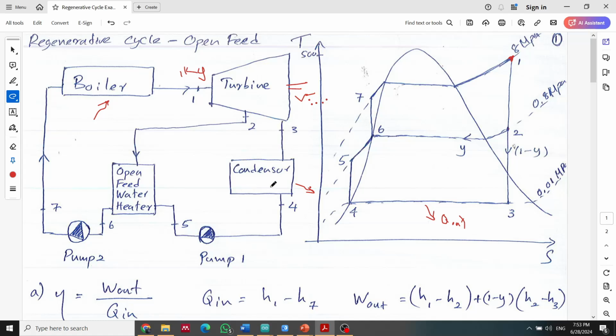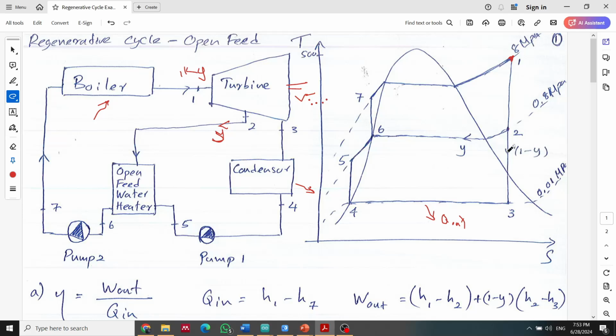Therefore we can say that fraction or portion is y. So how much fraction is extracted from here, we indicate as y. So if you get 1 from here, then y goes out, and what remains here is 1 minus y. That is why it is indicated that way.